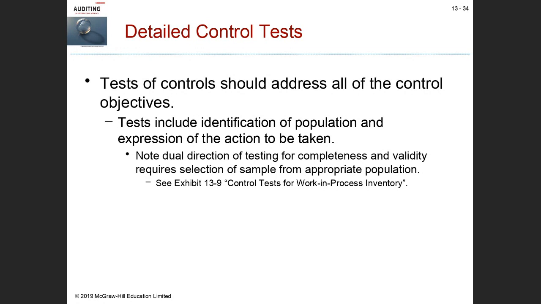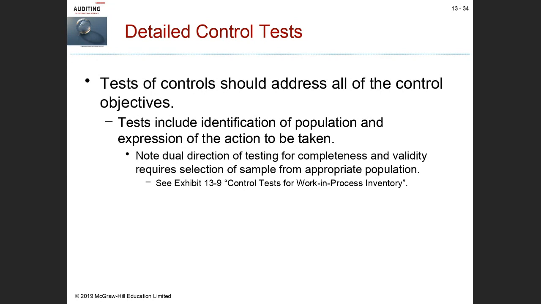You might want to reference back to that. But we have to test, for example, the existence of inventory. We have to be able to test valuation of inventory, right? So all of these audit assertions have to be checked by the internal control system. So we're going to do various checks.